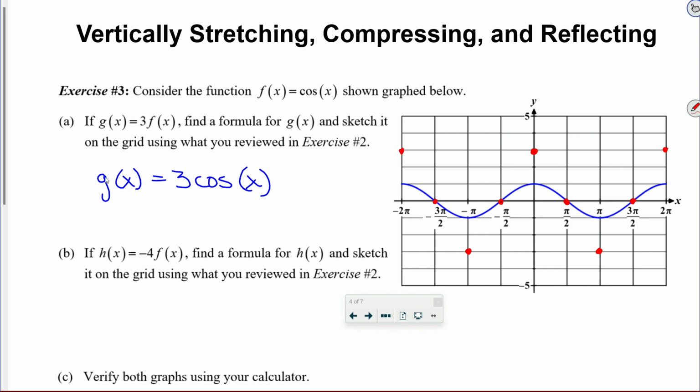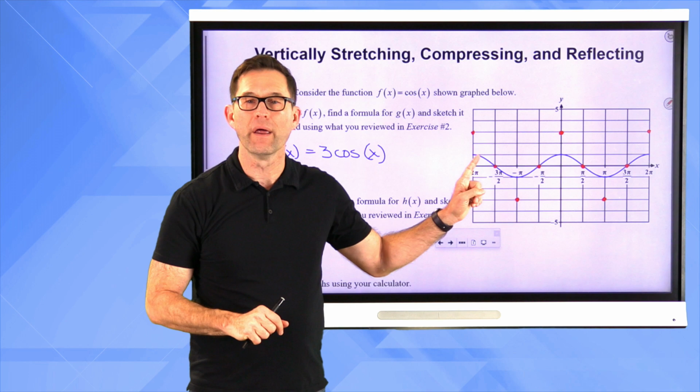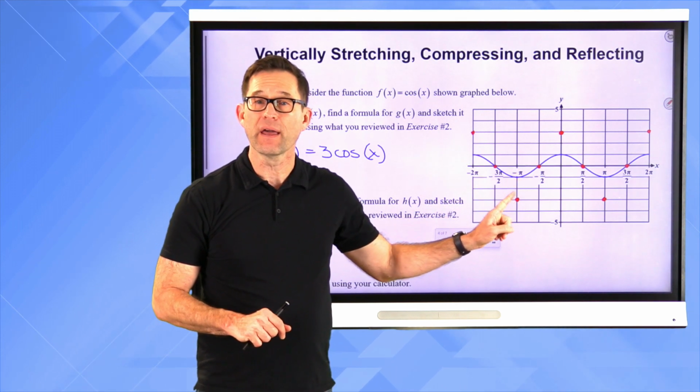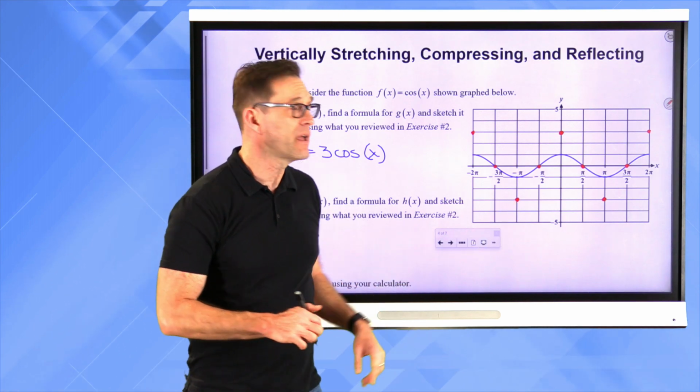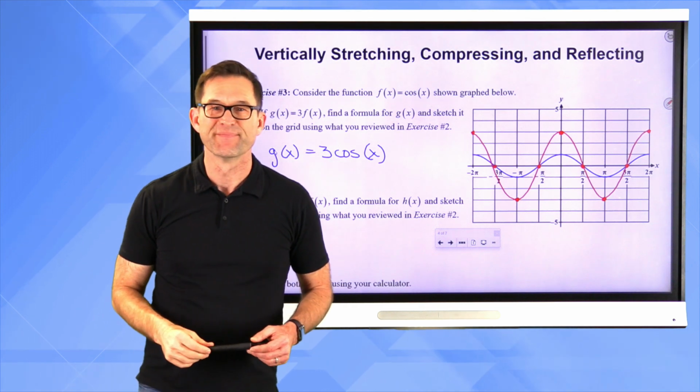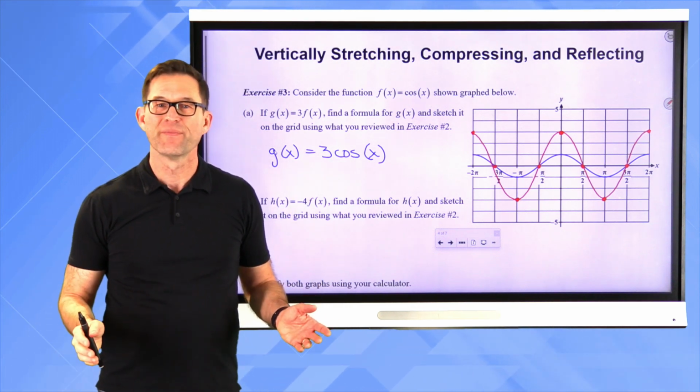Right? So everywhere I had a y value of 1, I now have a y value of 3. Everywhere I had a y value of -1, I now have a y value of -3. And now my graph's going to do something like that. All right. Isn't that cool?